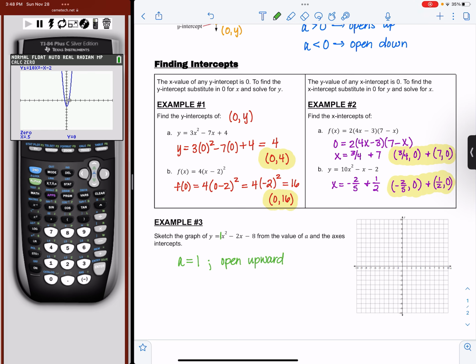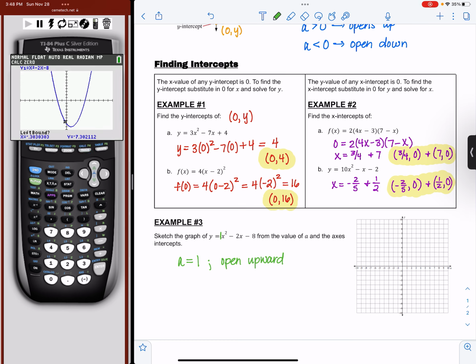Then we can find our x-intercepts. I'm going to use the calculator. I put y equals and type in x squared minus 2x minus 8, and then I graph it. Then I go to second trace and go to 0.